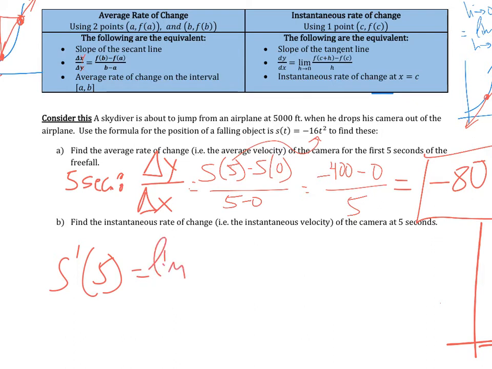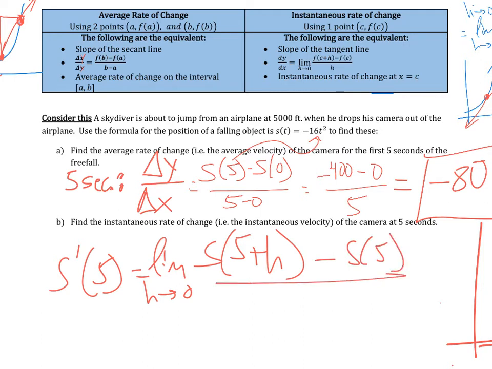And so that's the limit as h goes to 0 of s of 5 plus h minus s of 5, all over h. Now we know what s of 5 is. We already found that, s of 5. Plug in 5 and we get negative 400. Found that up above.